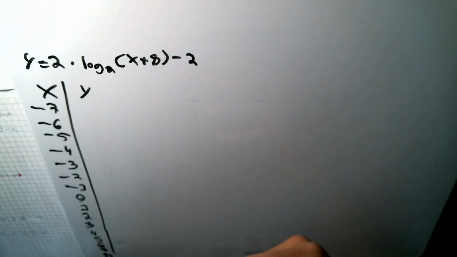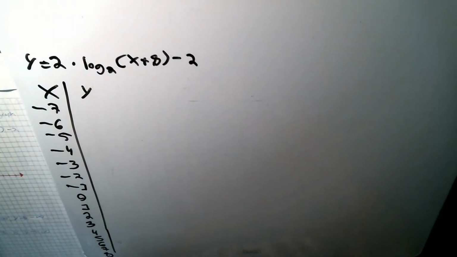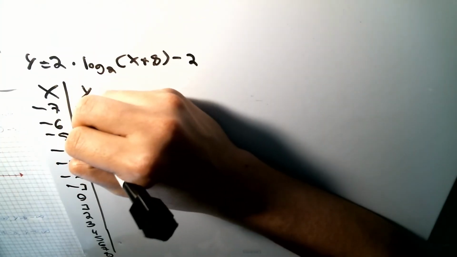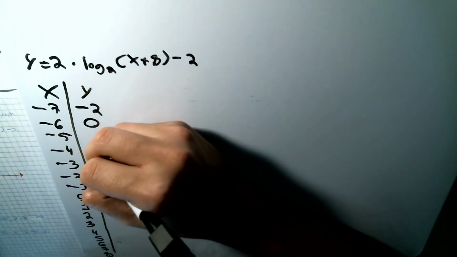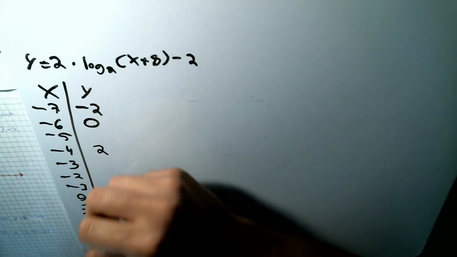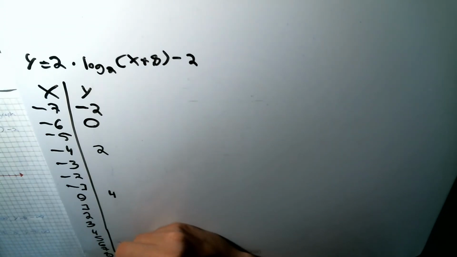There are many values, so I'm just going to write the full numbers. Minus 7 gives minus 2, minus 6 gives 0, minus 4 gives 2, 0 gives 4, and 8 gives 6.